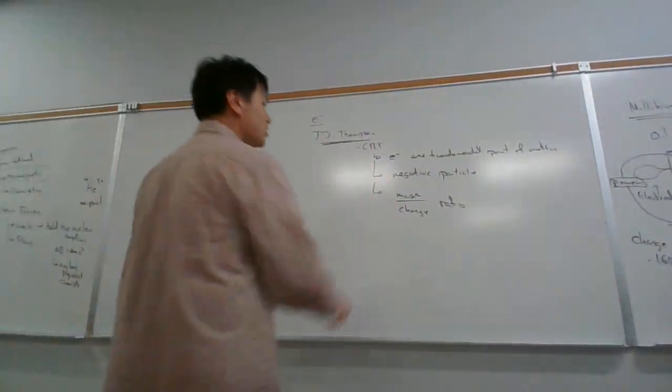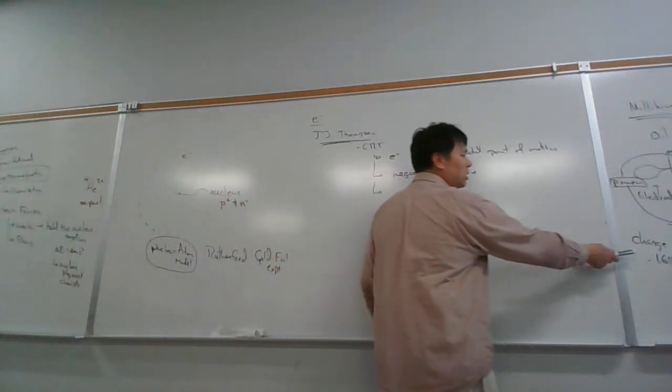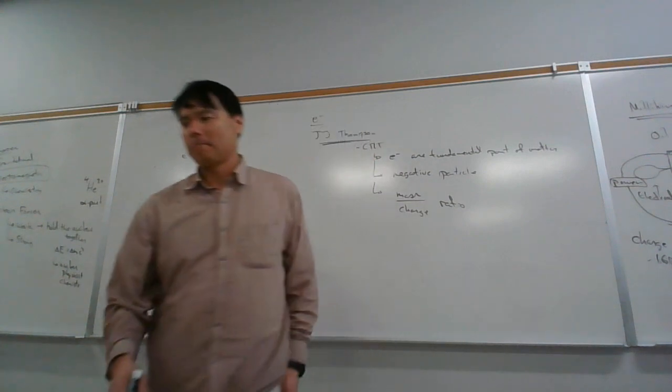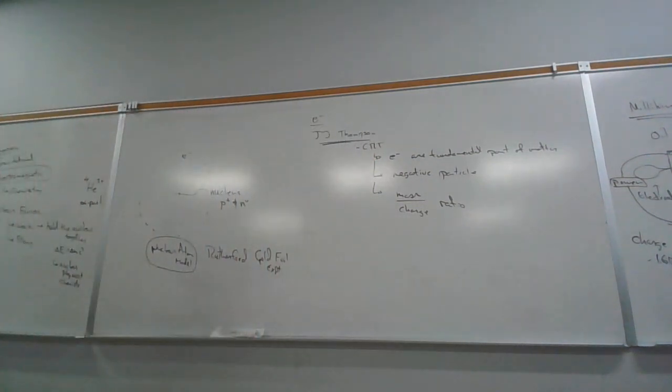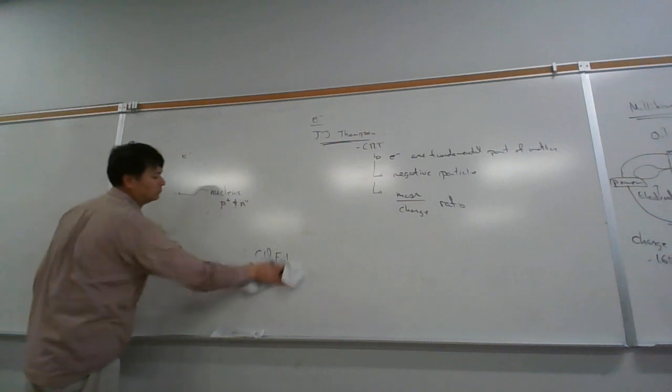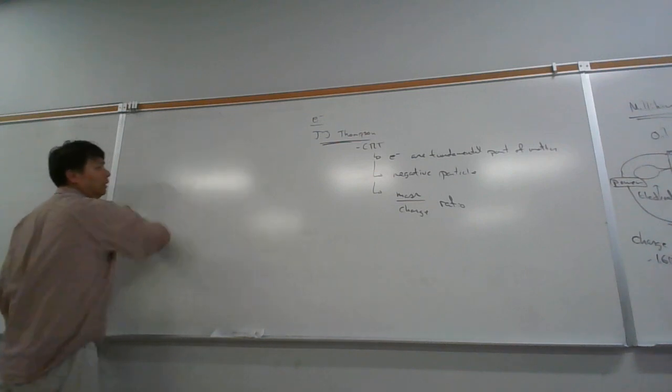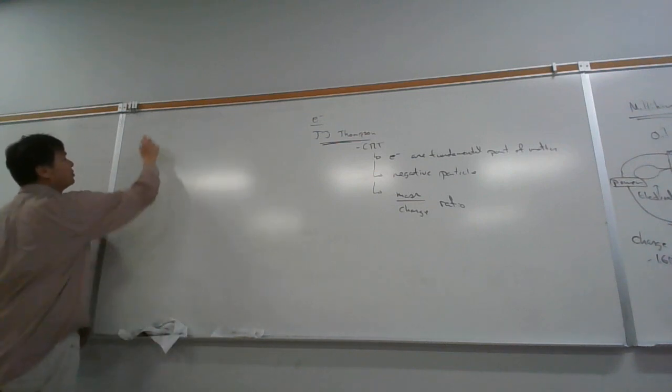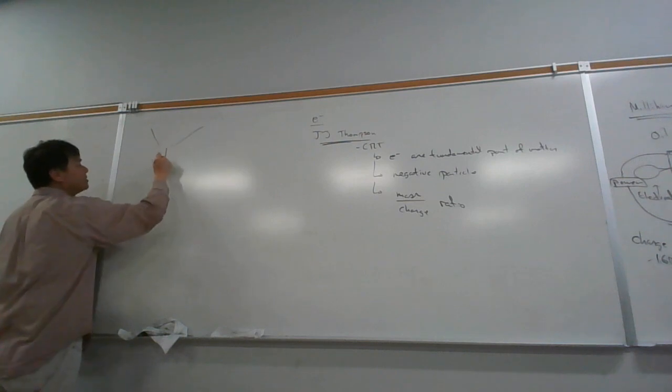Right. So if we have the mass to charge ratio and we know the charge, what can we calculate? The mass. And so, based on these two experiments combined, we use dimensional analysis.